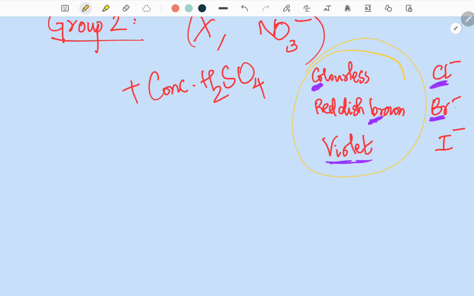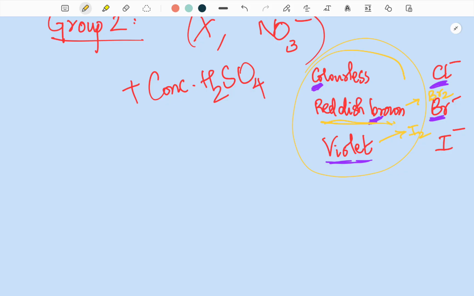For bromide ion, the reddish brown vapors are due to the liberation of bromine gas. And for iodide, it is because of iodine gas. Iodine gas is violet in color. The violet vapors are due to the liberation of I2.